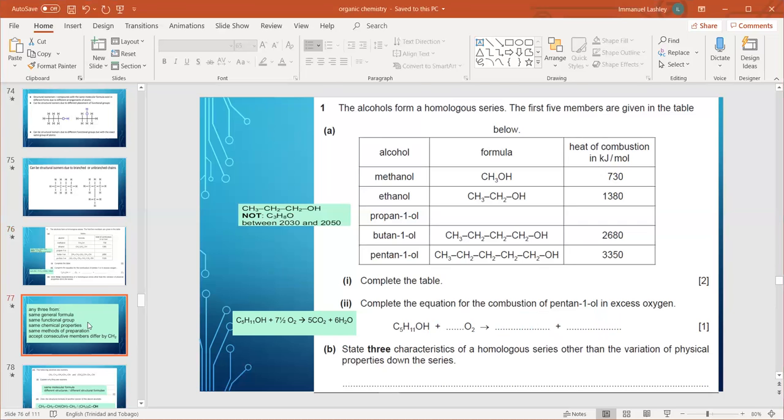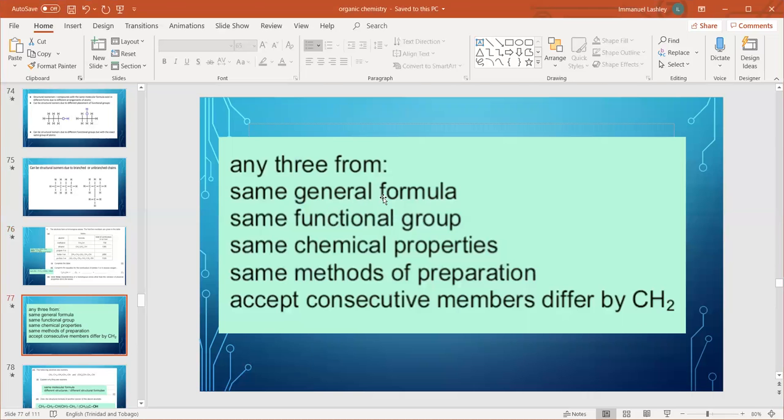Any three: same general formula, same functional group, same chemical properties, same methods of preparation, consecutive members differ by a CH2 group. All of that is acceptable.